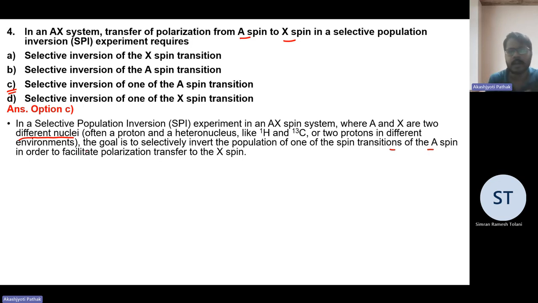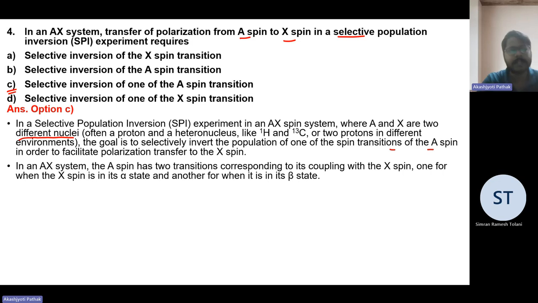That is what we try to achieve. We invert the population of one of the spin transitions of one nucleus, and through the inversion, we try to polarize the other nucleus to which it is coupled. Say it is the X nucleus.